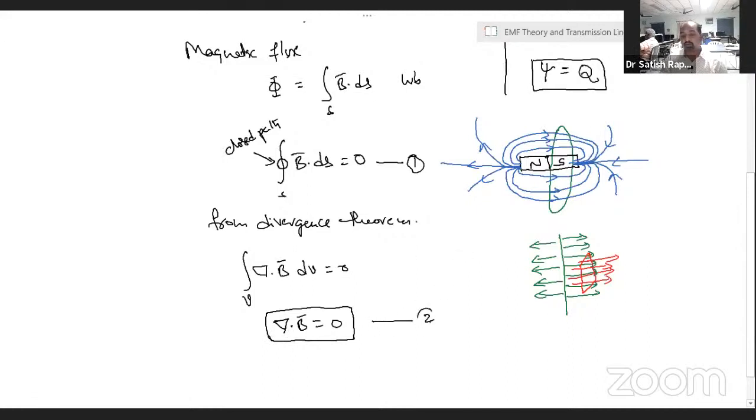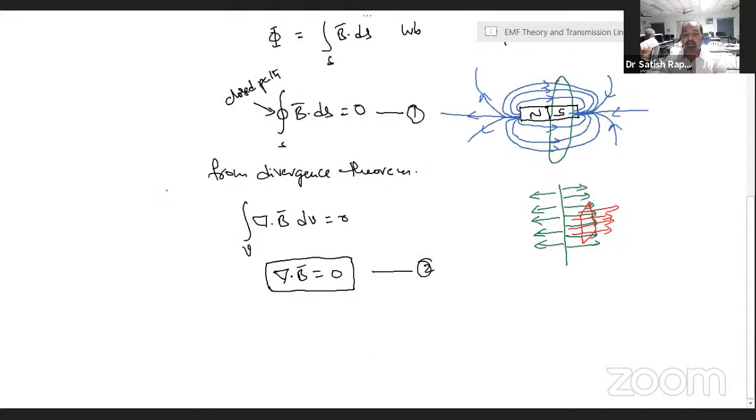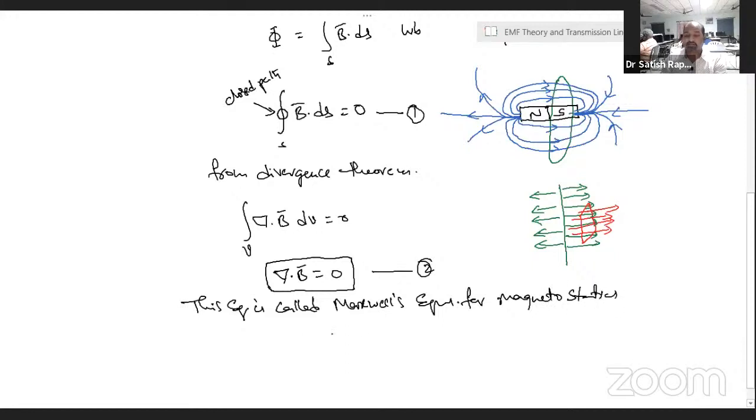So this is equation 2, and this equation is called Maxwell's equation, one of the Maxwell's equations for magnetostatics.